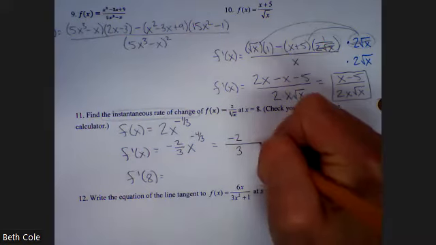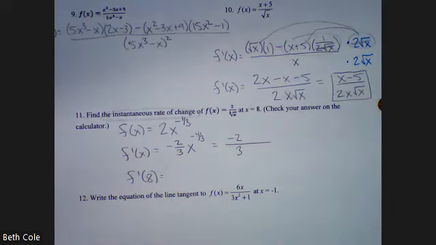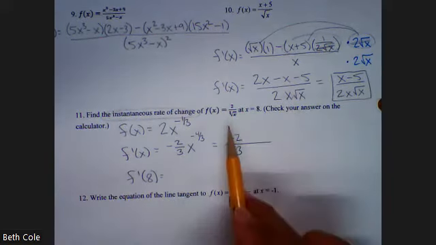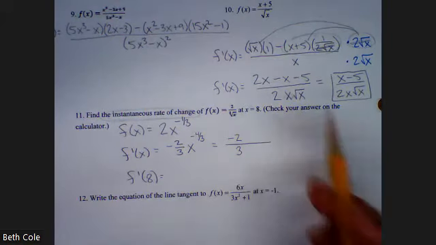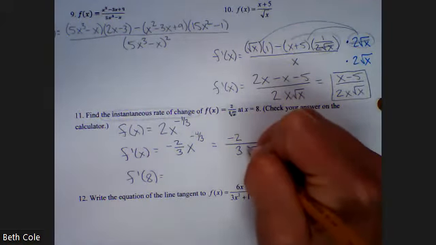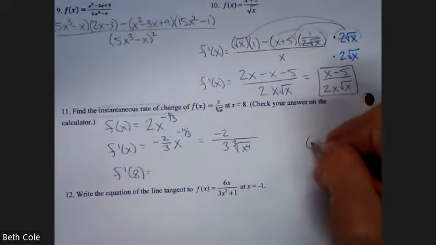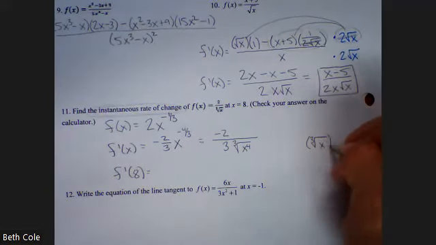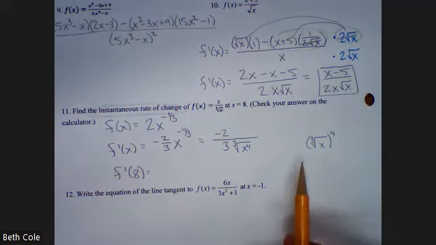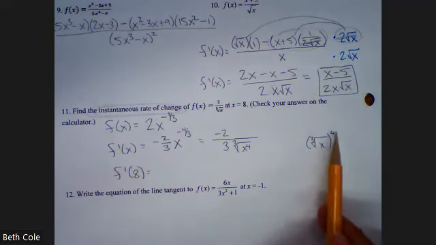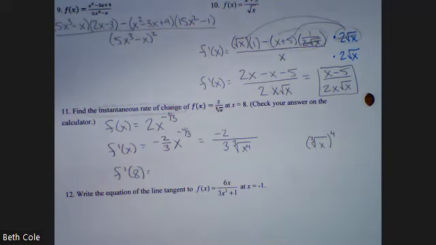Remember what I told you about how you know which number goes where. The root can't change from the original problem. So what kind of root is it? Cube root, and then underneath of it, x to the 4th. Or you could also write it like this, which is probably how I'll work through it when I plug in the number. That means the same thing. It doesn't matter if the 4th goes inside or outside, that 4th power.